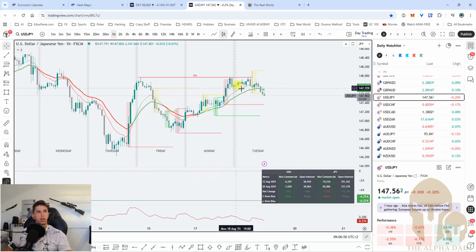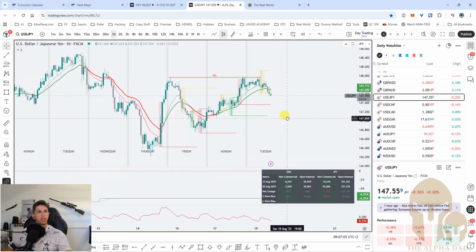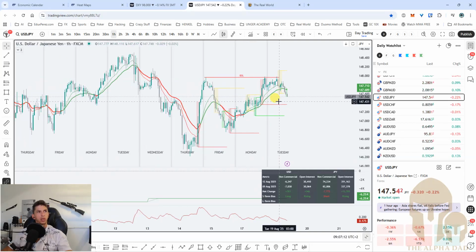Okay, so here on the 1 hour, we have a broken low. I would like to see this turn bearish, and then after that a retest above here. So for the moment I don't have any position at all.